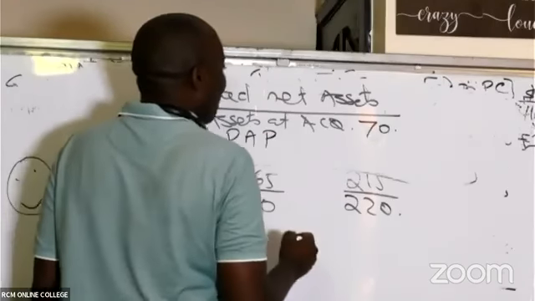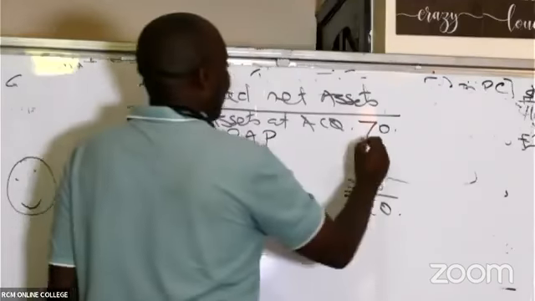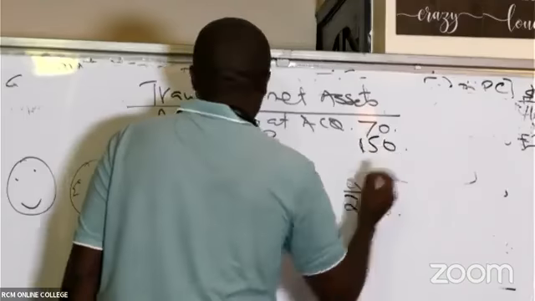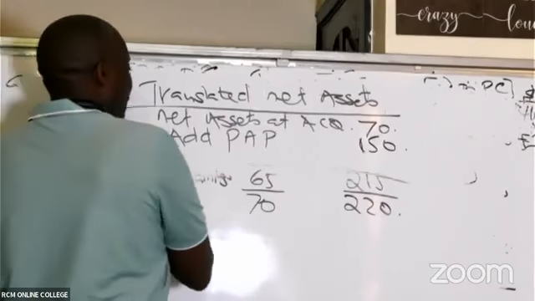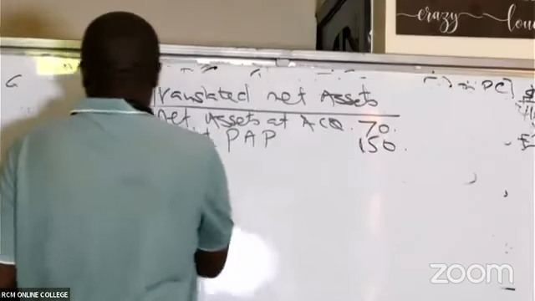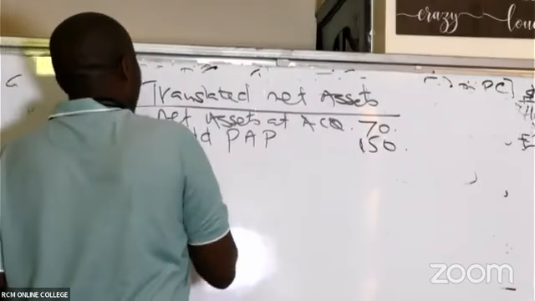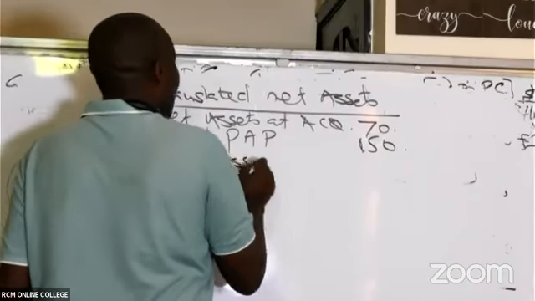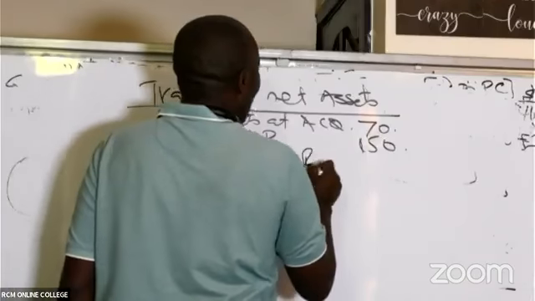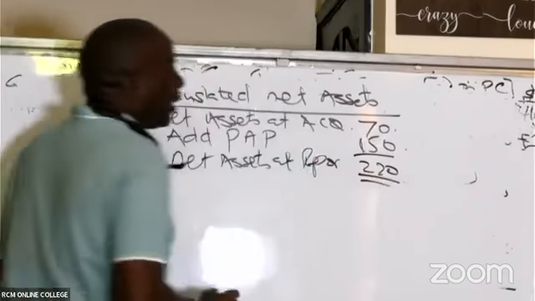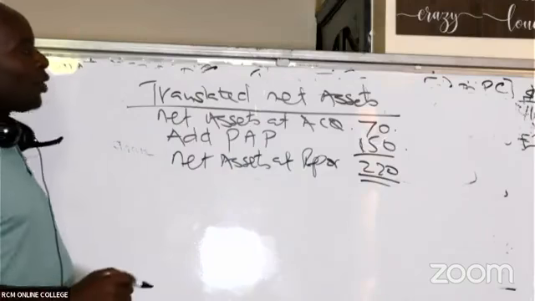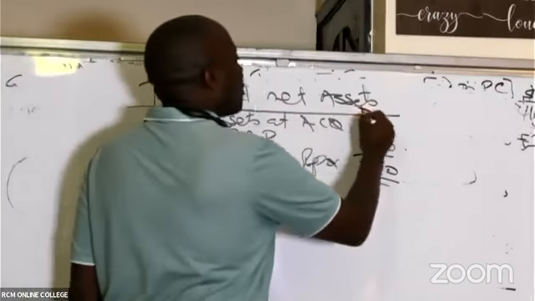You gave me a figure of 150. And then we have net assets at reporting. You have given me a figure of 220, if you remember. Remember, these are in dinars.